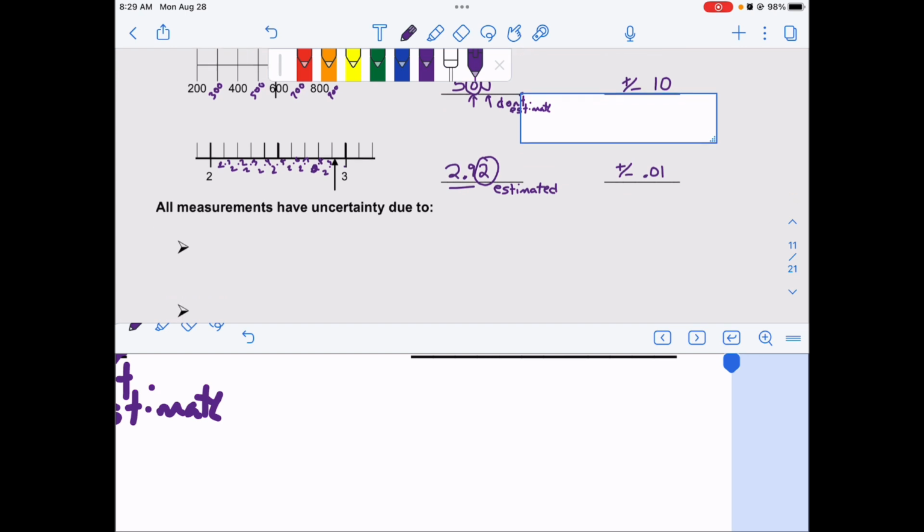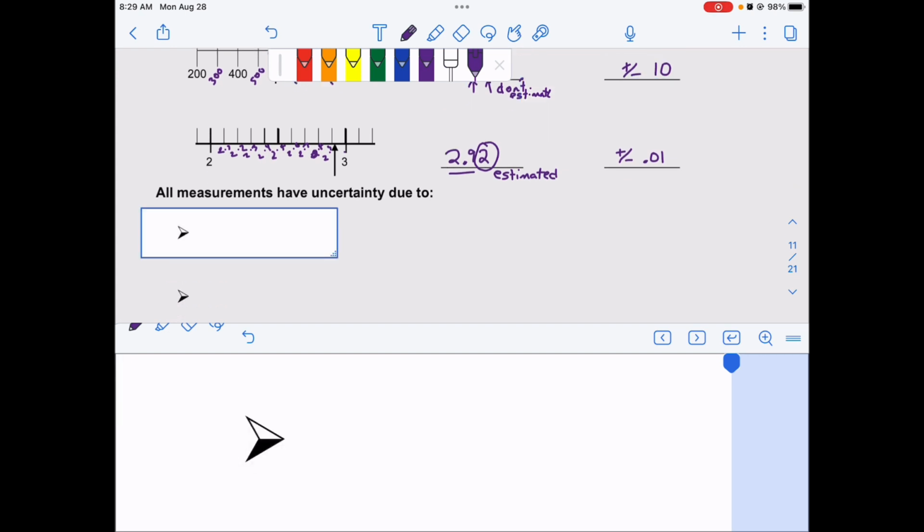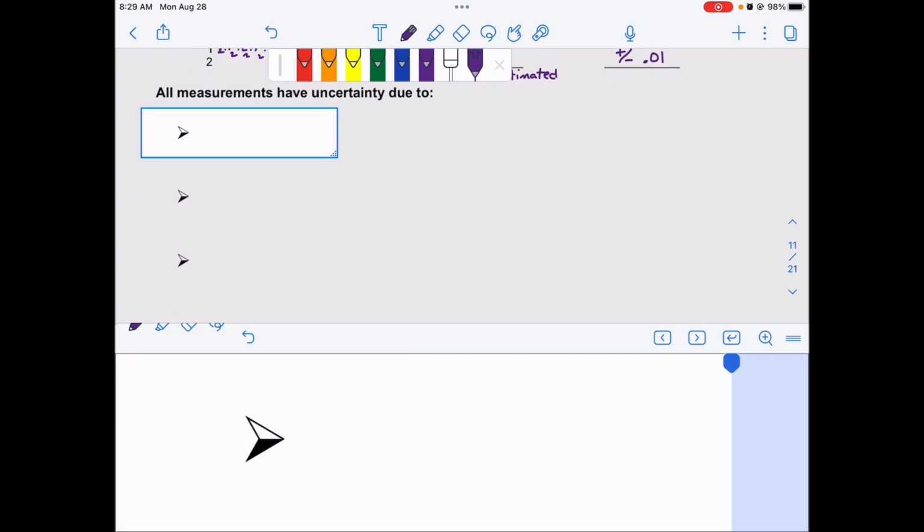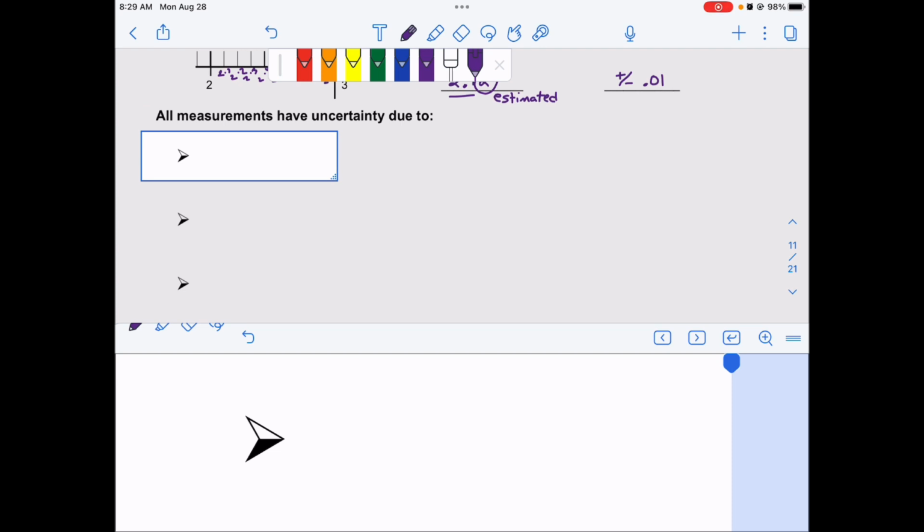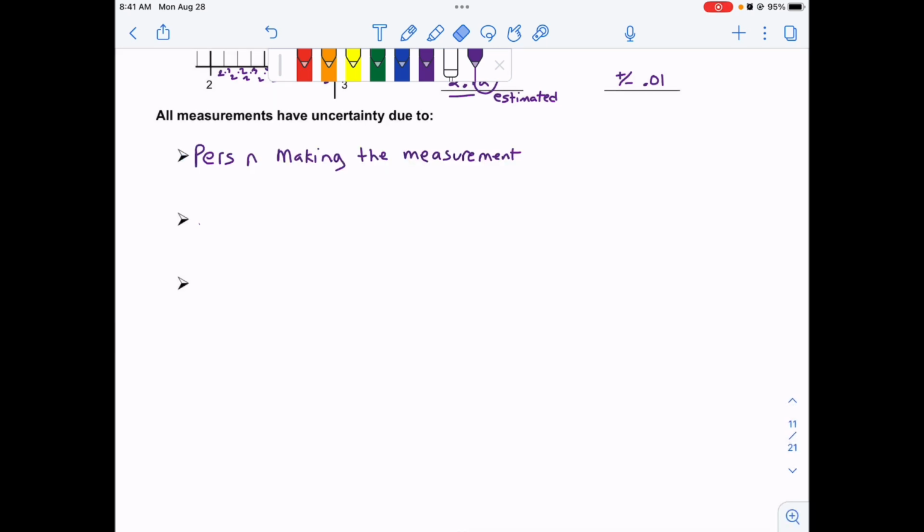Okay, so all measurements have uncertainty due to a couple of things. The uncertainty can be due to three things here that we'll talk about. And that first one is the person making the measurement.